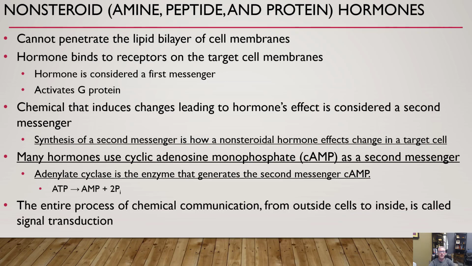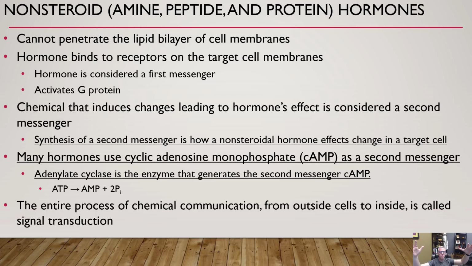All right, so for non-steroid hormones, and this is going to be the rest of the amines, your peptides, and your protein hormones, because they are water soluble, they cannot cross that cell membrane. Remember, that cell membrane is a lipid bilayer, it's lipid soluble. So that hormone is going to bind to the receptor on those cell membranes. And this is where that first messenger and second messenger come into play that I was talking about earlier.